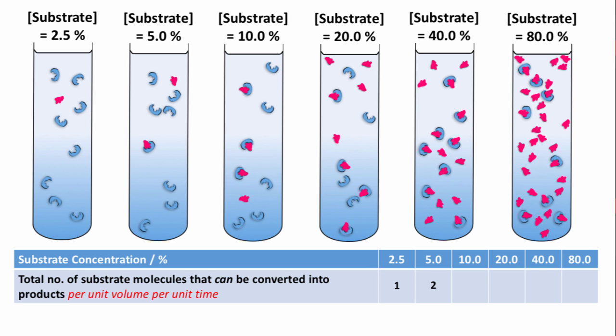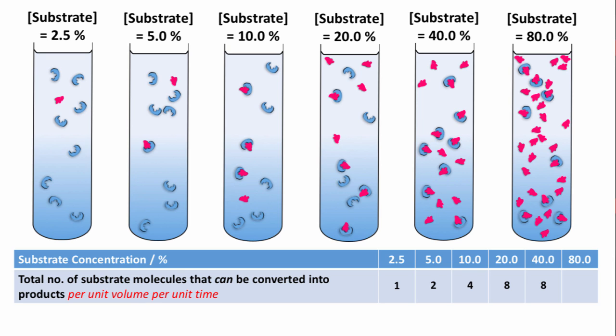Likewise, at 5% substrate concentration, at the initial rate of reaction, you would only have 2 substrate molecules converting into products. For 10%, you get 4, since there are just 4 substrate molecules. There couldn't be more. And at 20%, you would just have 8, because there are just 8 substrate molecules being converted into products by 8 enzyme molecules.